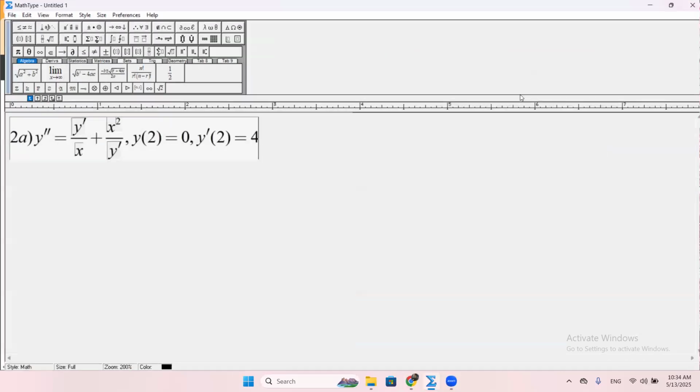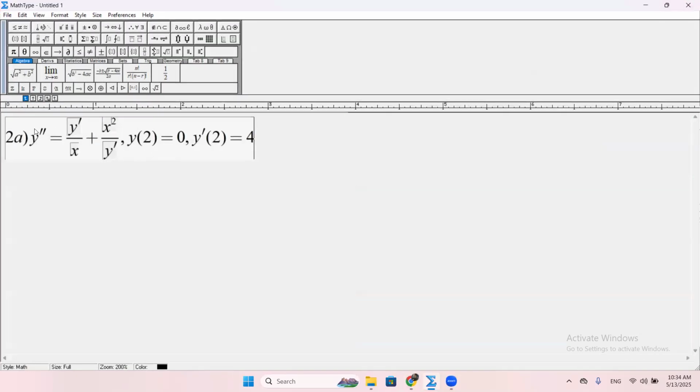Pay attention that the number of initial conditions must always be equal to the order of the equation. If conditions are missing or they are not equal, it means there is some mistake in the task requirements.